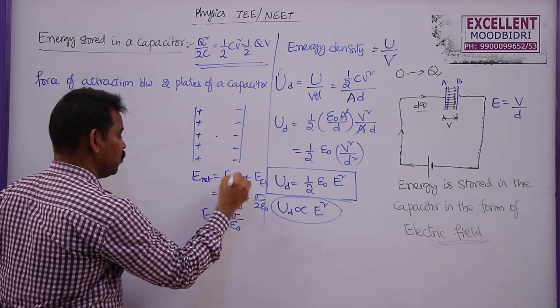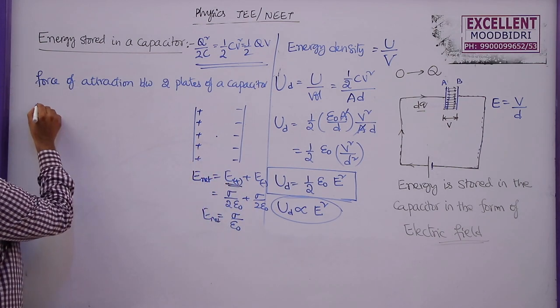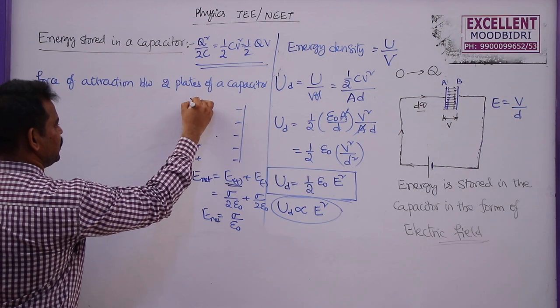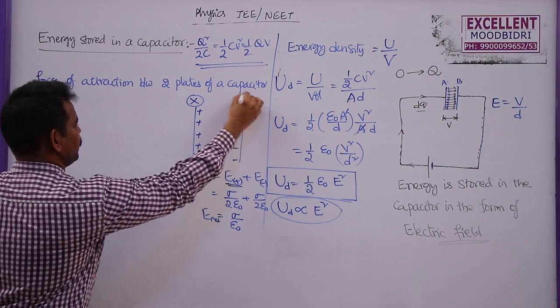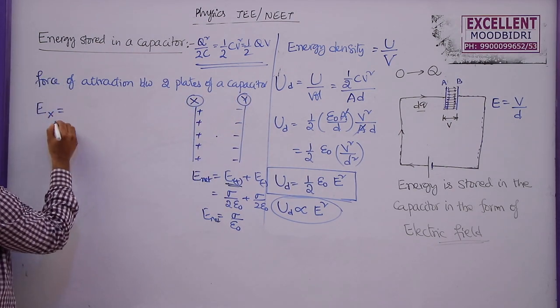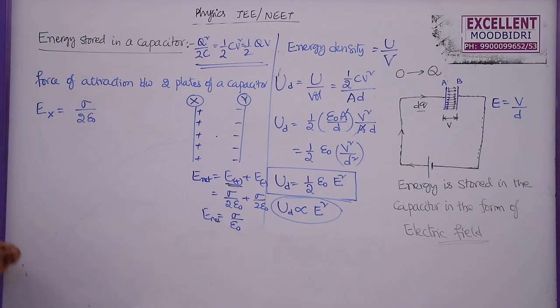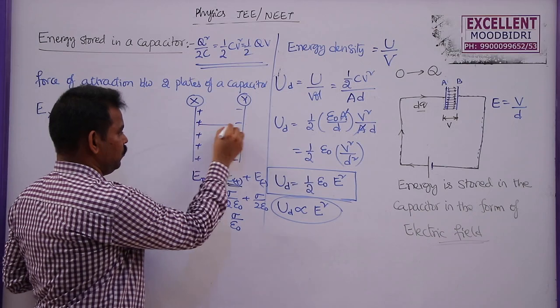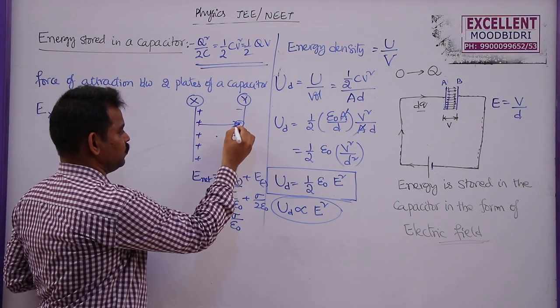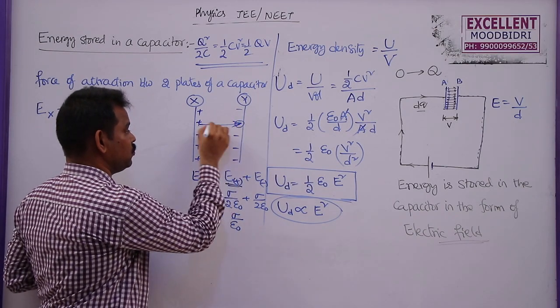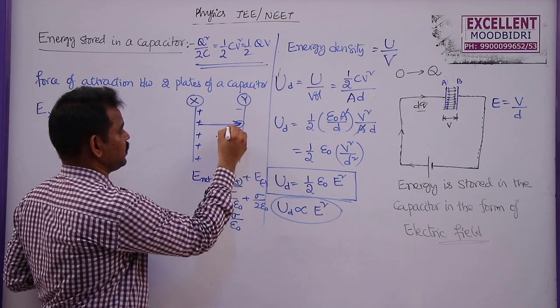But what is the electric field due to only one of the plates? Let me take this plate as X and this plate as Y. The electric field due to the first plate is equal to sigma by 2 epsilon naught. Now, this field will attract this charge. What is the force here due to this field? Because it is a positive charge, it is acting like this.